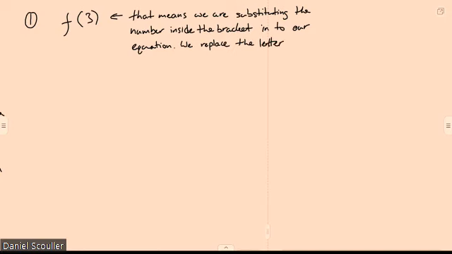We're replacing the letter. Instead of the letter x on the right hand side, we replace every letter x there with that number 3. This is called an input question.